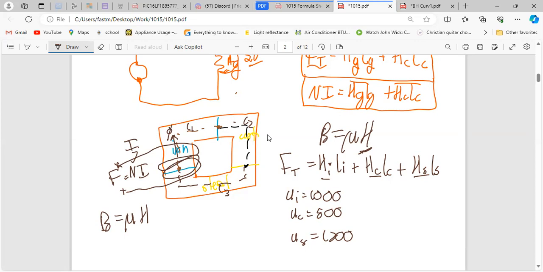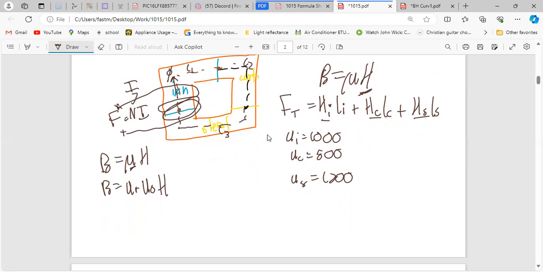If they give you a BH curve question, most of the time it'll be one core material, just to make it easier. But you could use it for different materials. If they give you B, you can calculate the H for each of them. So anyway, back to here. If you want to calculate H, this mu you can replace with mu R times mu 0, because I want units. Since you know that B is the same for all pieces, because it's the same flux density going through everything, even if there is an air gap, it will be the same B. So remember that.